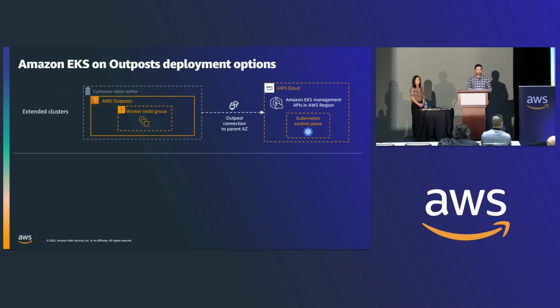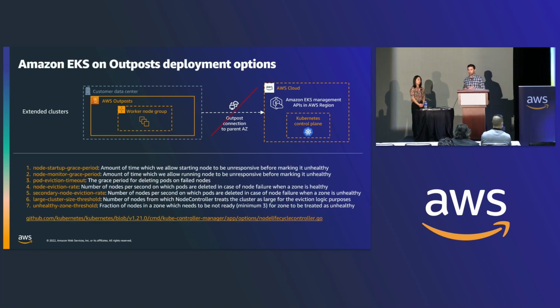And so I want to go a level deeper into the deployment options for EKS on Outposts. As I was describing, Outposts require a reliable connection back up into the AWS region. And for Kubernetes, this can introduce some interesting scenarios. What you see on this slide here are the 7 different knobs that kick in when the connection between the Kubernetes control plane and the worker nodes is severed or goes down.